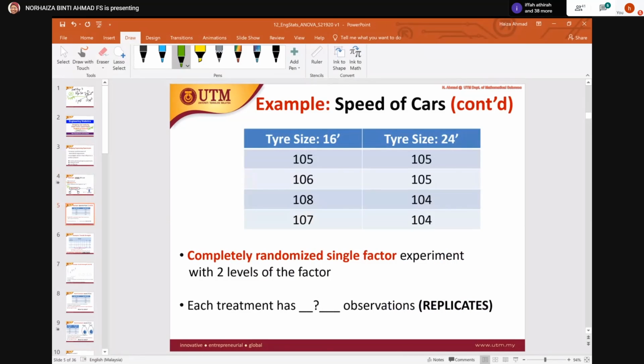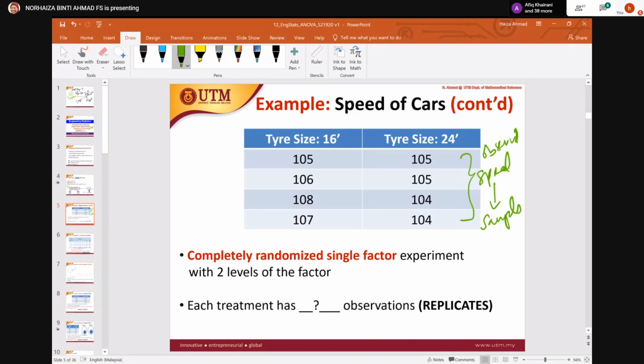Let's imagine the observation is something like this. These are the speeds of the car that you observed. Obviously these are from a sample, right? So these are samples. And this is the treatment or the factor. So you have two of these.